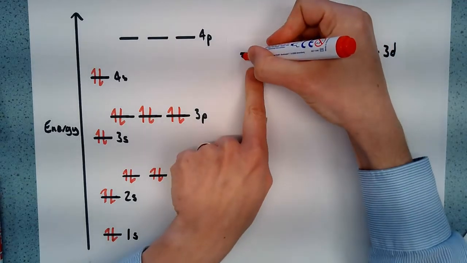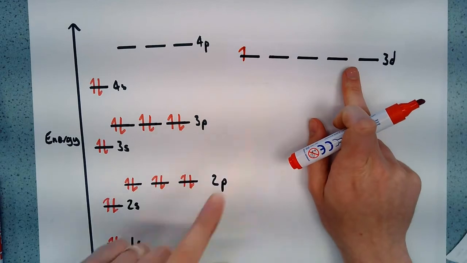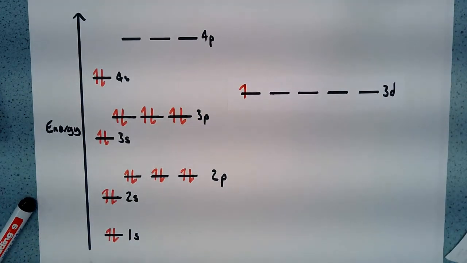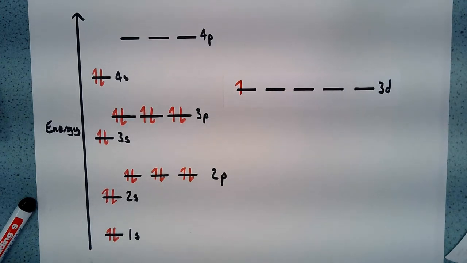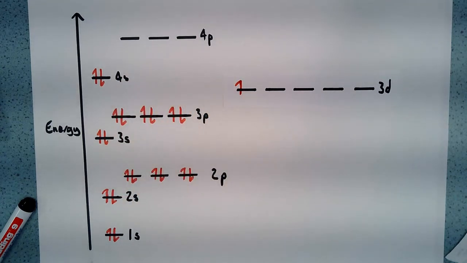The act of putting the last electron in actually changes this energy level. It draws it very slightly closer to the nucleus, if you like, or slightly lowers the energy. And that means that the 4s shell is now higher than the 3d shell.